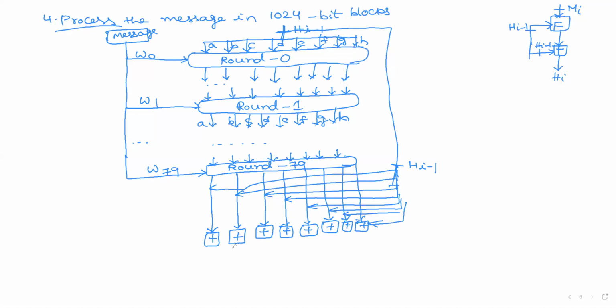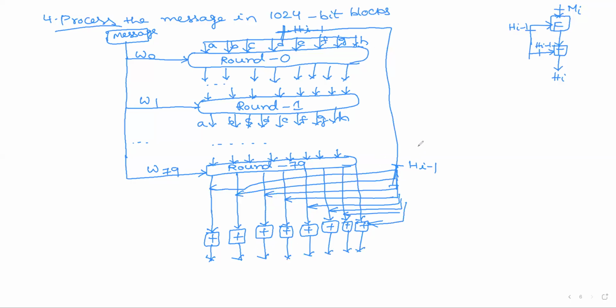Now, after performing the addition modulo 2 power 64 operation, we will get the result, which is nothing but the hash code.